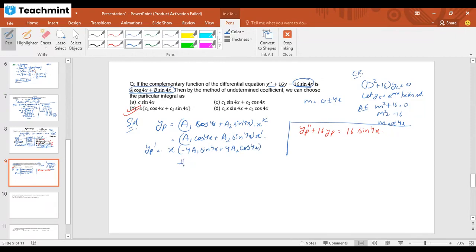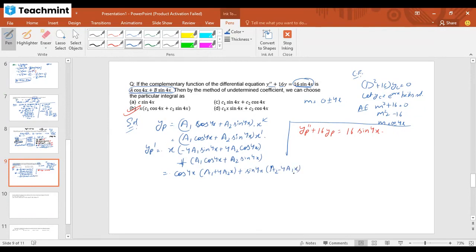Derivative of x is 1, times a1 cos 4x plus a2 sin 4x. So if we compile them, we get the coefficient of cos 4x as a1 plus 4a2x, and the coefficient of sin 4x as a2 minus 4a1x.